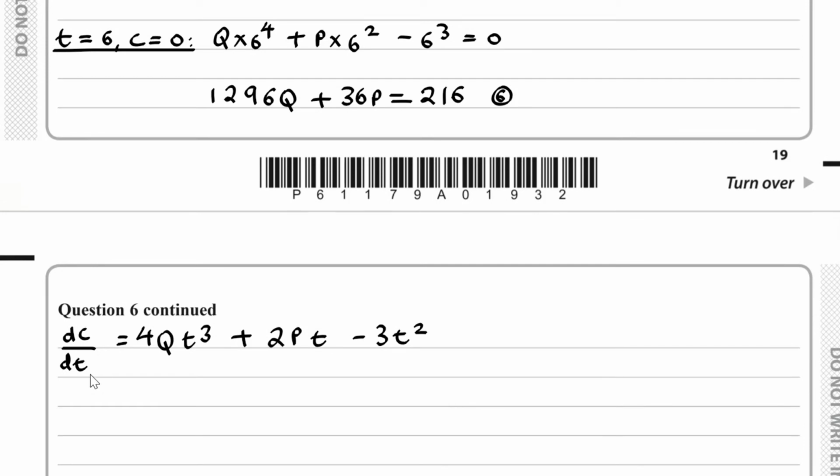And when t is equal to 6, dc over dt is equal to minus 36.